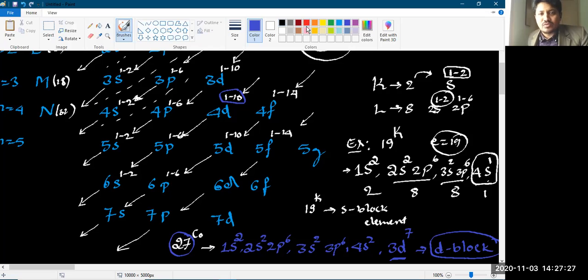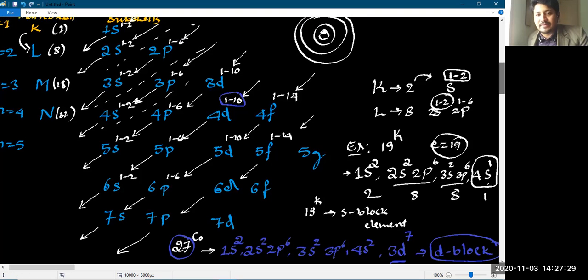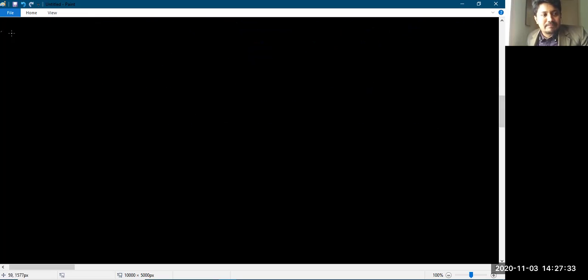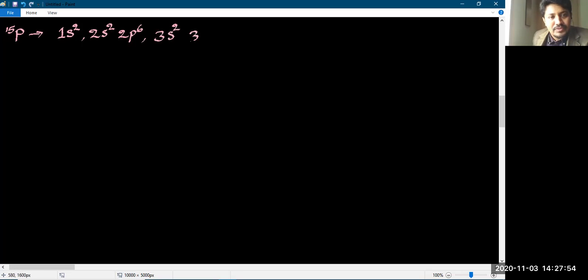Okay. Next, one more example. Let me take phosphorus, atomic number 15. Let me write the electronic configuration: 1s2, 2s2, 2p6, 3s2, 3p. Count the number of electrons.